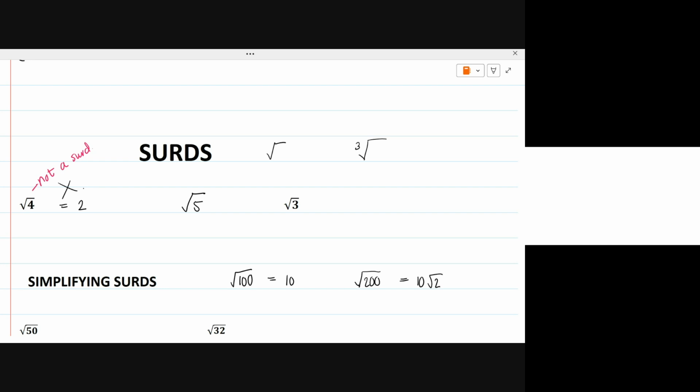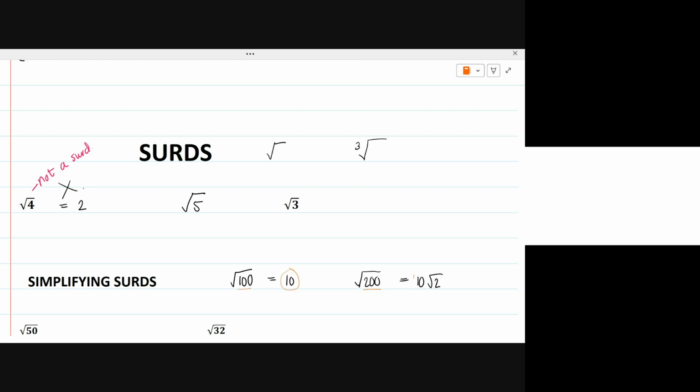All right, now I want us to notice the differences and the similarities here. So when we put in the square root of 100, we get just 10, right? But when we look at the square root of 200, what our calculator has done is it's taken out the square root of 100 and it's left the 2 that was multiplied to 100 underneath the square root.